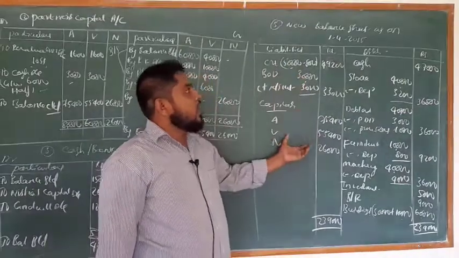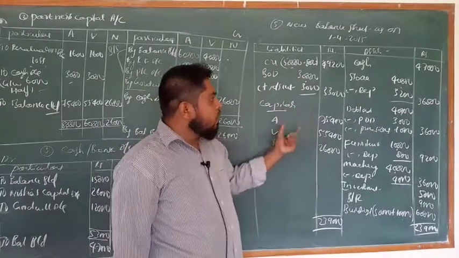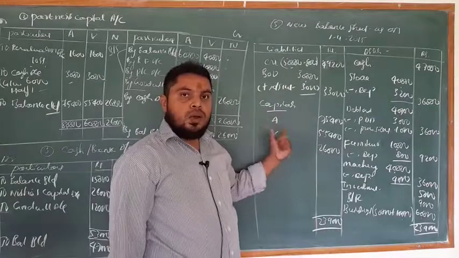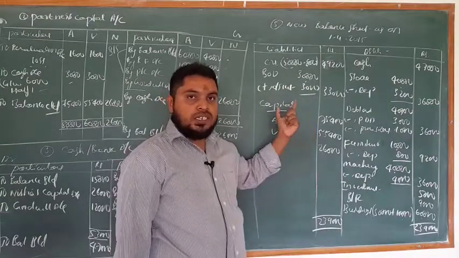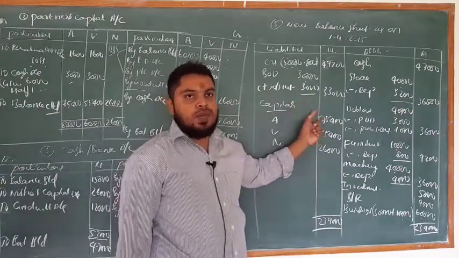So this is the last step, the new balance sheet. The new balance sheet is prepared with the help of the old balance sheet along with the adjustments. So adjustments compulsorily we have to revise in a new balance sheet. Thank you.